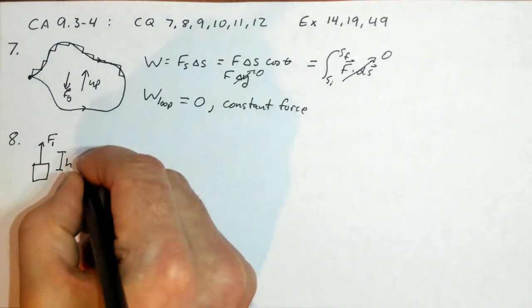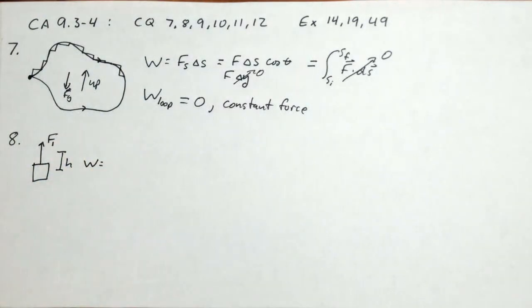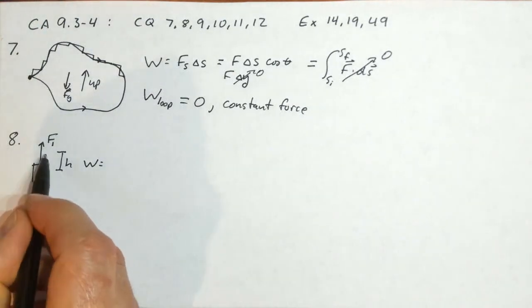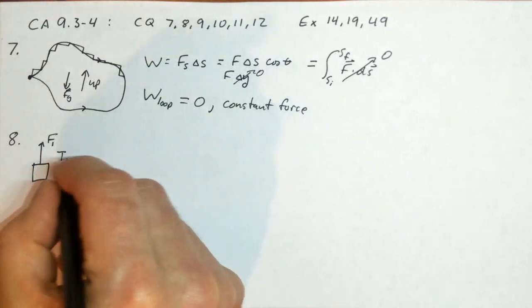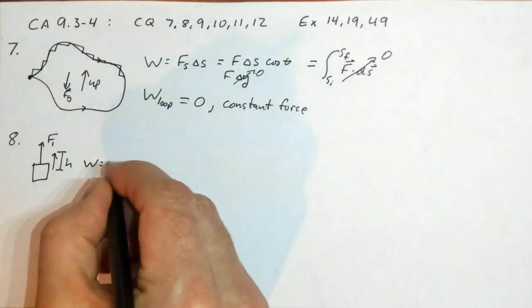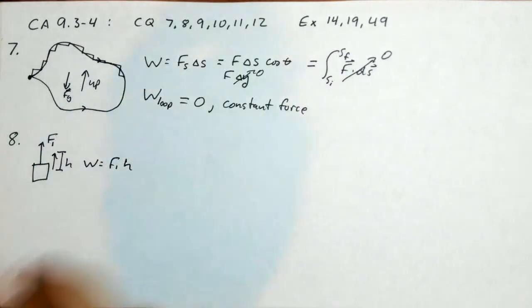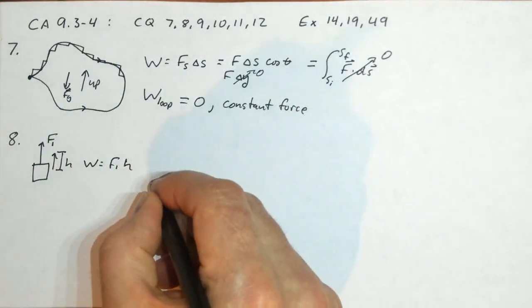Well, the work done in that case is what? Okay, it's force times the distance of displacement, and it went up a height h. They're in the same direction. The displacement is up. So I get F1h. Okay, well, what in the second case? I've got a ramp now.